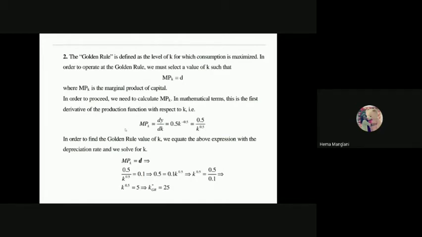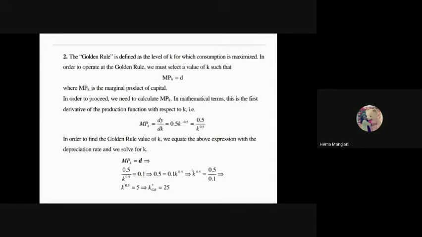To find this golden rule value of k, we need to equate this expression with the value of d. And in our problem, the value of depreciation has been given to us, that is 0.1. So 0.5 divided by k to the power 0.5 is equal to 0.1.